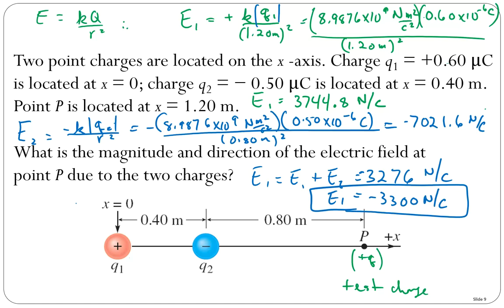We know it's going to the left because it's a negative sign and we defined plus x to be to the right. It was a different question. How do we know that going outward from a positive charge is this way?